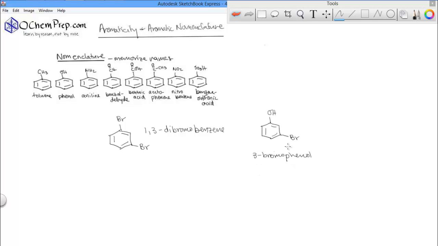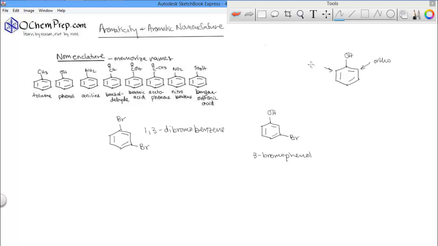You can always use numbers, but a lot of times with benzene rings, we use different kinds of prefixes for the substituents in different positions. This position is called the ortho position, one away from the phenol.